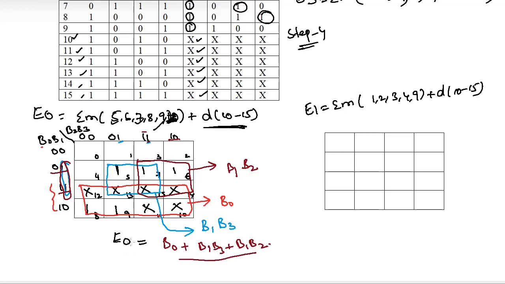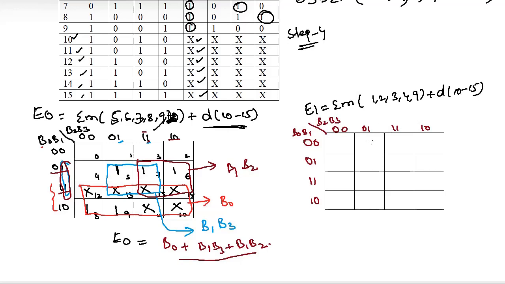Now coming to E1. The E1 position values are 0, 0, 0, 1, 1, 1, 1, 0. Rows indicate B0, B1, and columns indicate B2, B3. Now plot the values according to the function value.